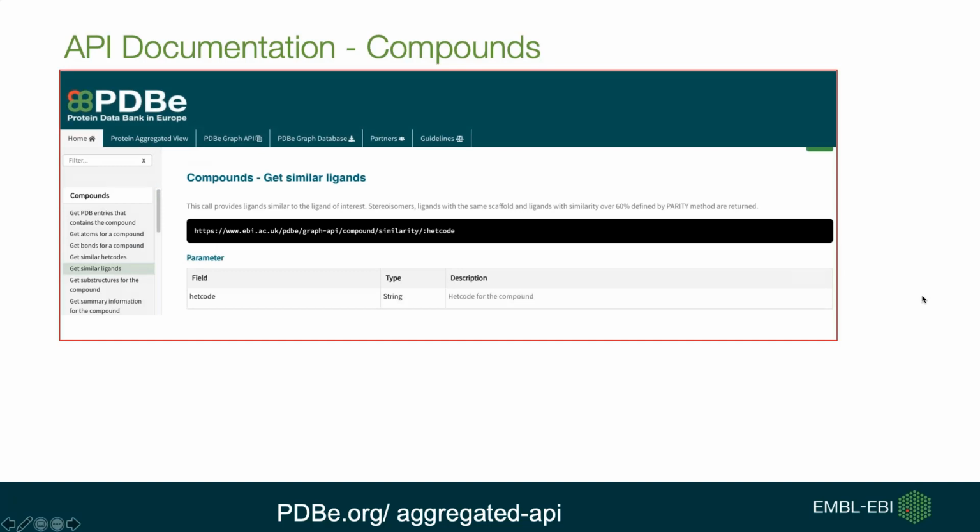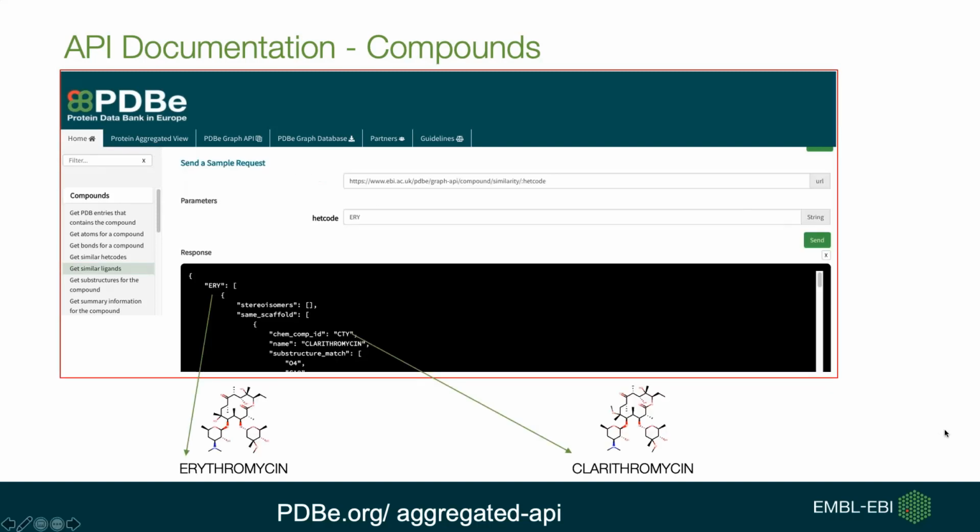One useful endpoint in the compounds category is the similar ligands call. This API can be used to retrieve the stereoisomers, ligands with the same scaffold, and ligands with a similarity over 60% for a particular ligand of interest. This particular example is about two similar antibiotics, erythromycin and clarithromycin, which share the same scaffold.